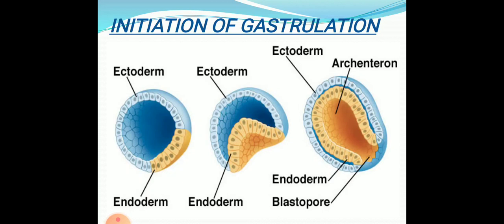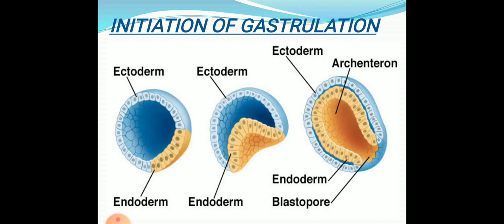Above the notochord, the neuroectoderm cells are arranged as a plate-like structure called the neural plate. The epidermal ectoderm extends all over the embryo except the area of the neural plate and blastopore.